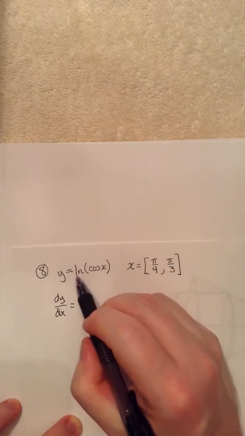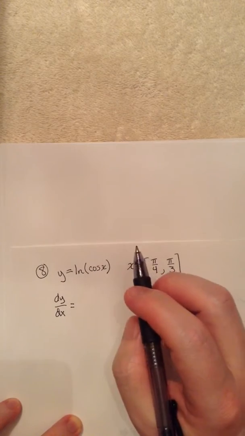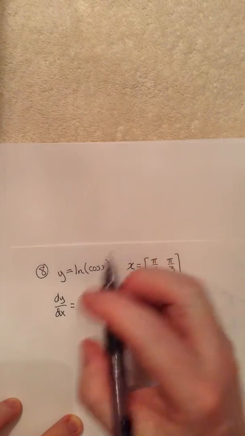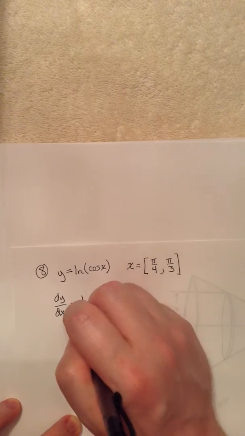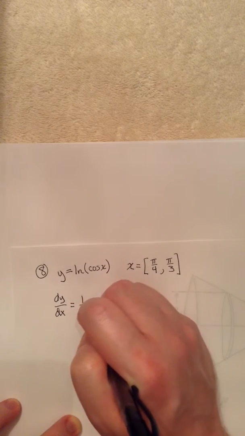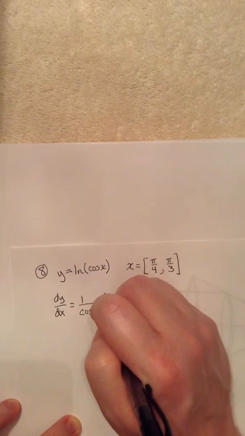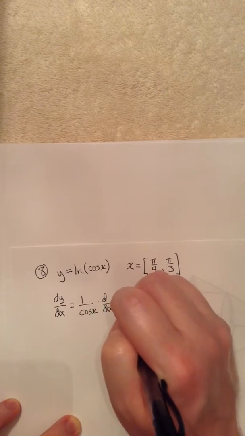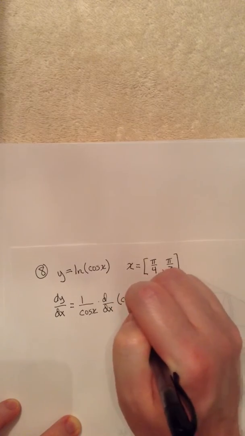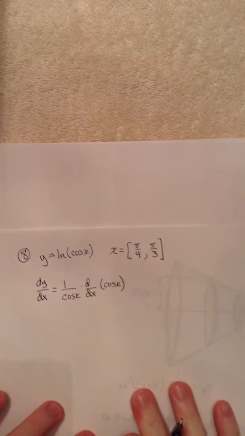is equal to, in compliance with the natural logarithm of x, if we take the derivative, we're going to have the reciprocal of the cosine of x, and once again applying the chain rule, we have the derivative of the cosine of x, which will go to the negative of the sine of x.